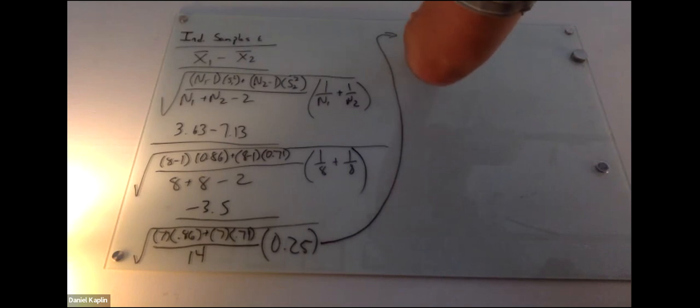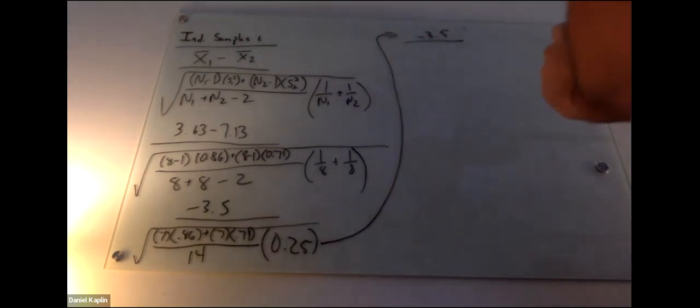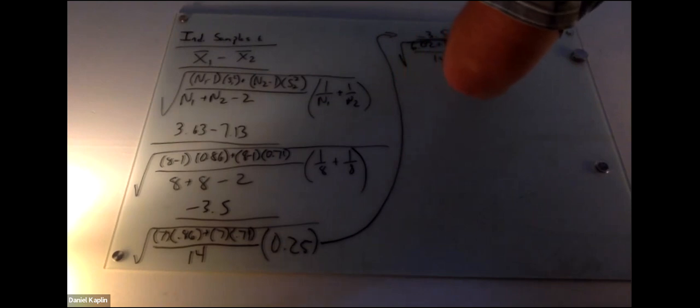Minus 3.5 over the square root of 7 times 0.86, which gives 6.02, plus, and again, I have to make sure the square root sign is there, 7 times 0.71, which is 4.97, divided by 14 times 0.25.